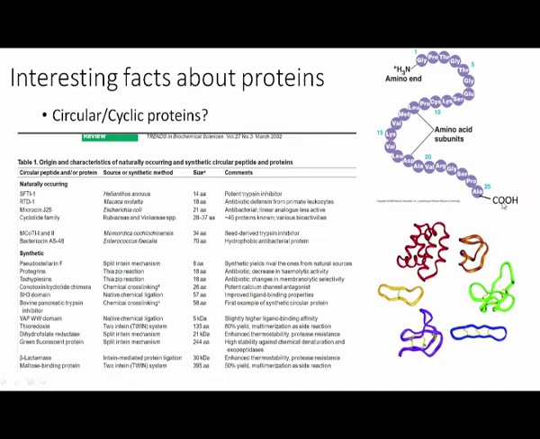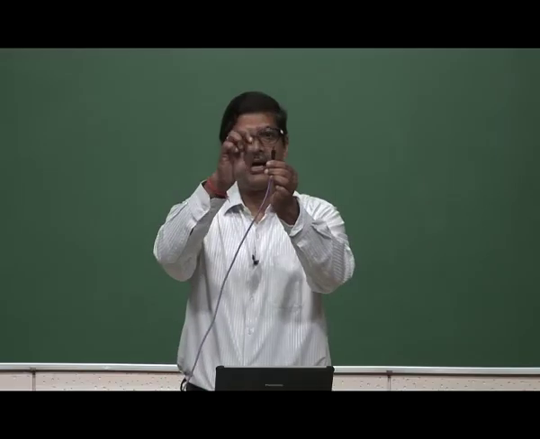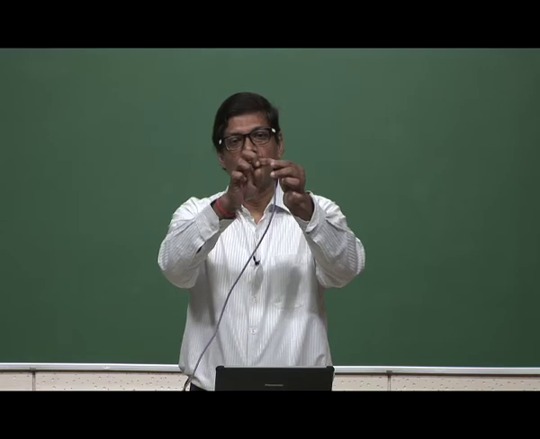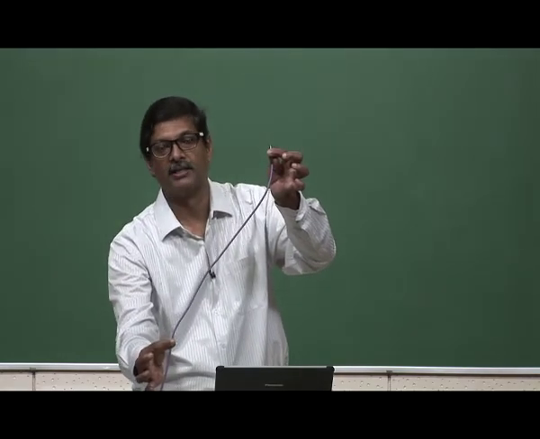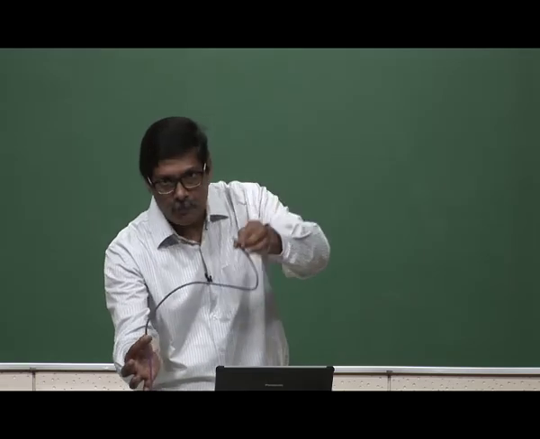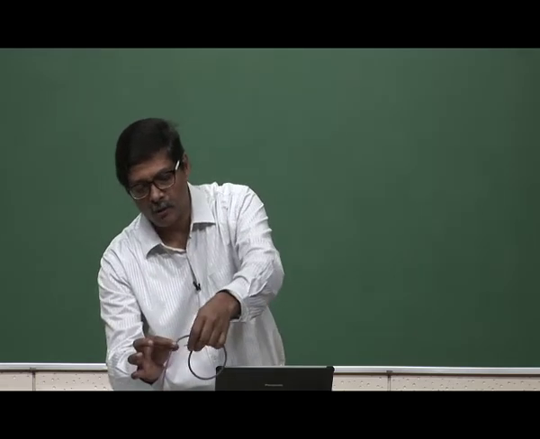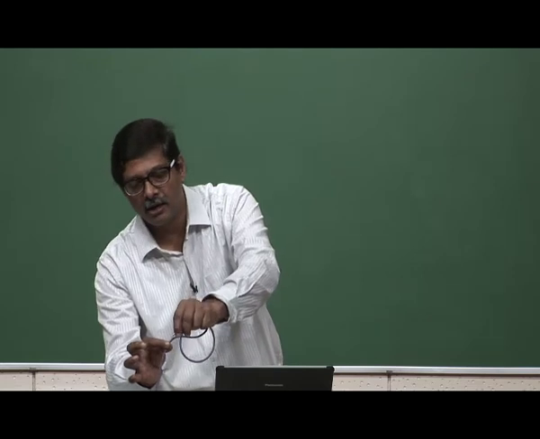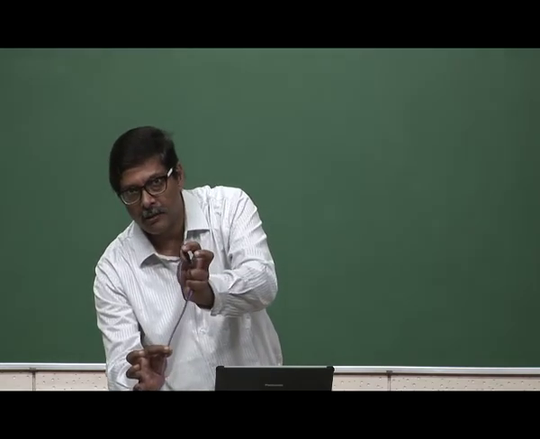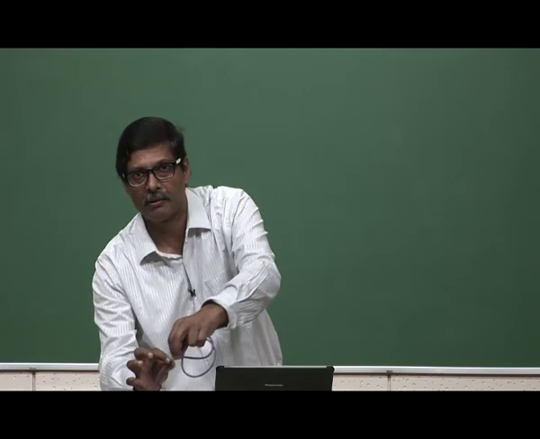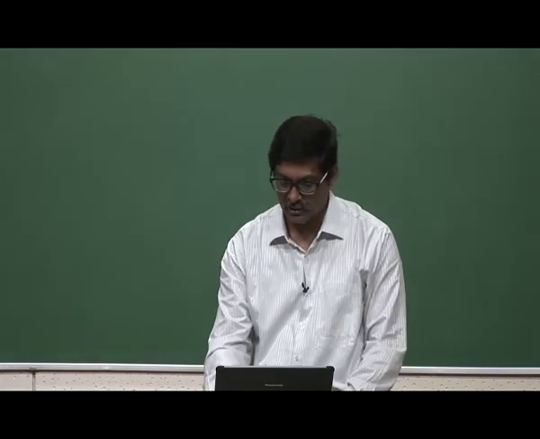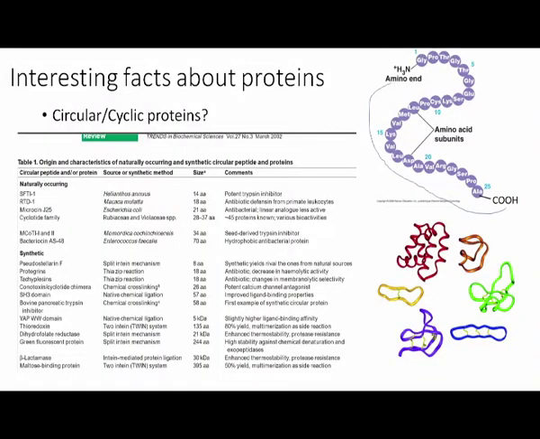Now, imagine a situation where here is the NH3 group, and here is the COO group of the last amino acid. Now, in the process of jumbling up or folding, it is quite possible that the NH3 group of the first amino acid comes in close proximity with the COOH group of the last amino acid in a process something like this. So, here the NH2 group has come in close proximity with the COOH group.